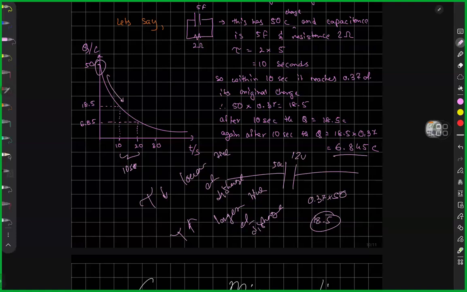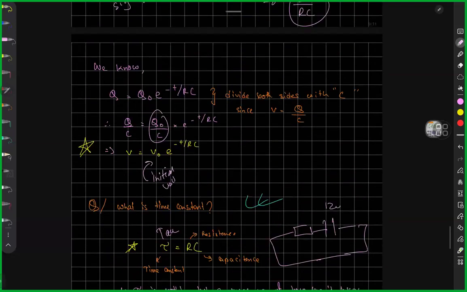Good. So any question to this point? Of time constant or capacitor, because next time I'm going to move on to the next chapter. Any question to this point? Time constant or capacitors?